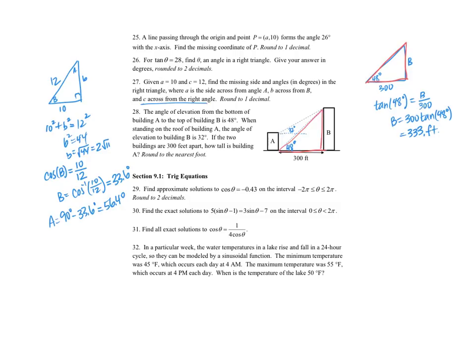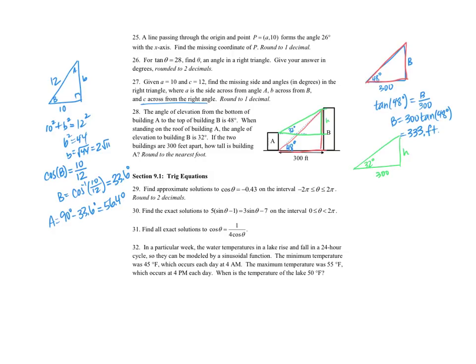The next thing I could do is look at this triangle here, that green triangle. So let's think about that green triangle. I have 32 degrees and 300, and I'm going to call this height H. That's this part of my building.